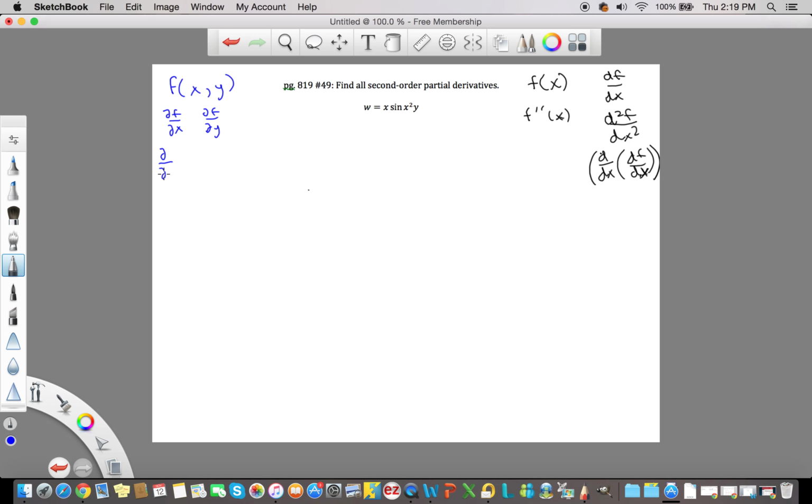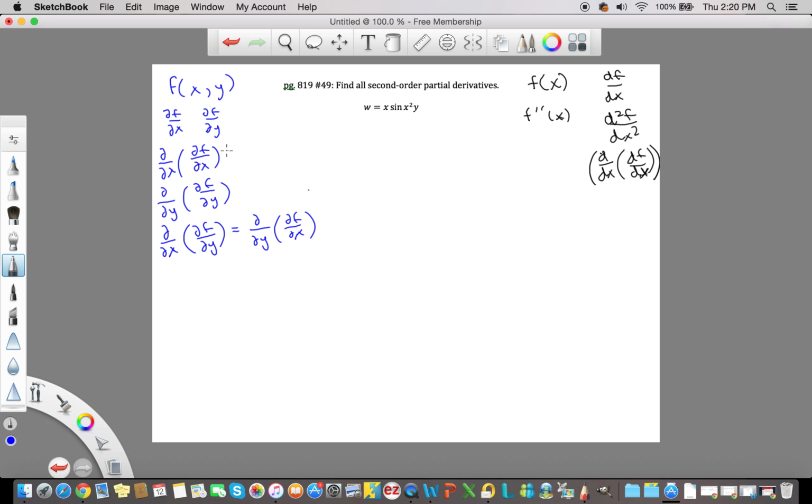If we do that to each one, we can do d dx to df dx, and d dy to df dy, but we also can do d dx to df dy. In another video, we're going to show that this is the exact same thing as d dy of df dx.